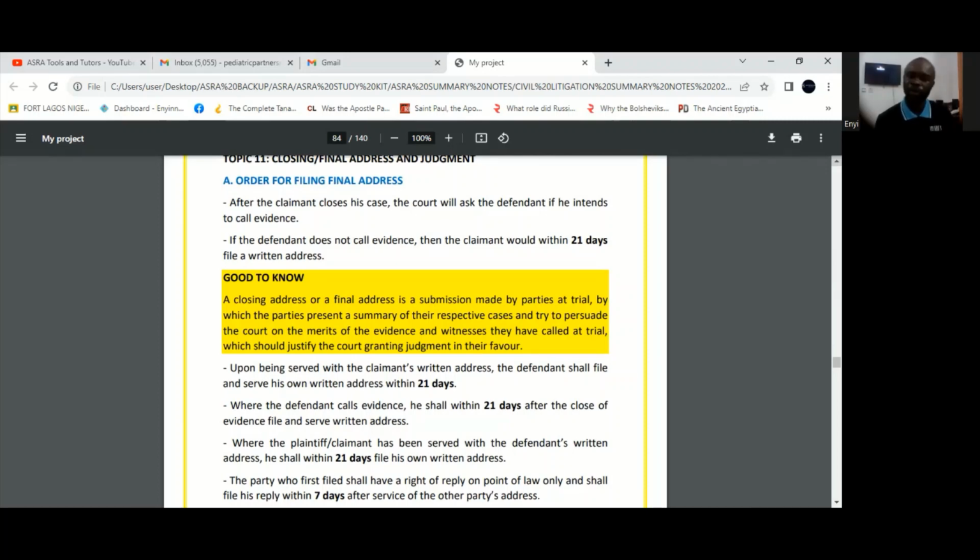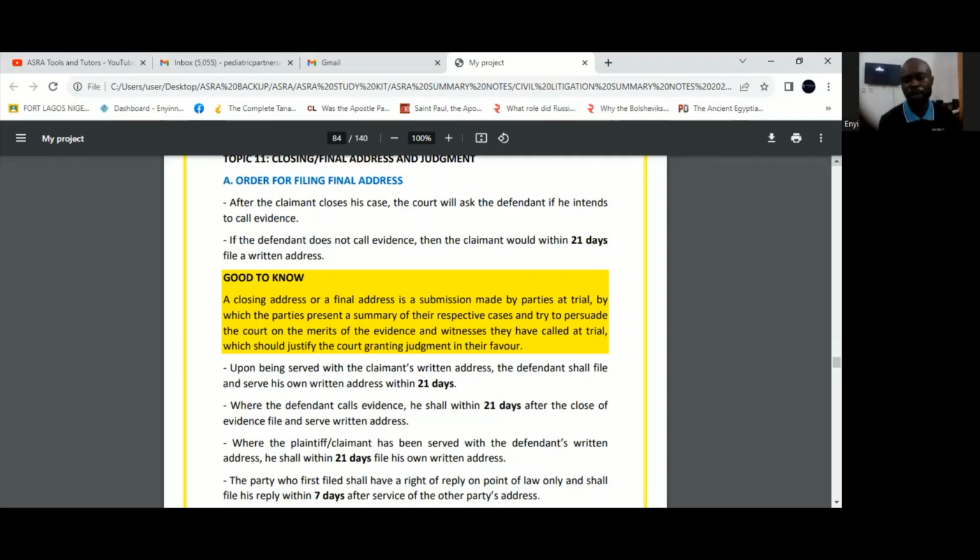Then within 21 days of closing his evidence, the claimant will file final address. And then within 21 days of being served with the claimant's final address, the defendant would file his own final address. And then within 7 days of being served with the defendant's final address, the claimant would have a right of reply on points of law only.